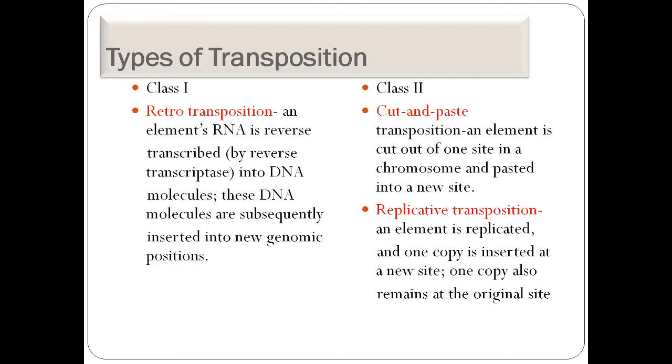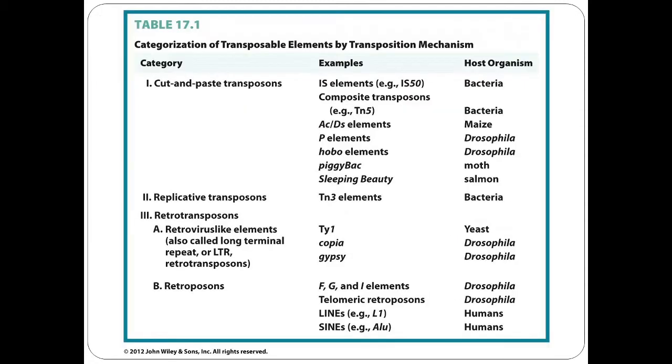So these are the two types, class 1 and class 2. Class 1 is retrotransposition, which is RNA based, and class 2 is DNA based, which works by the cut paste mechanism and the replicative mechanism. Now, categorization of transposable elements by transposition mechanism.